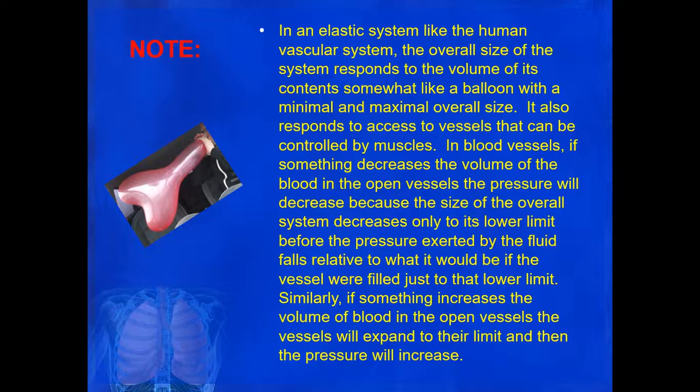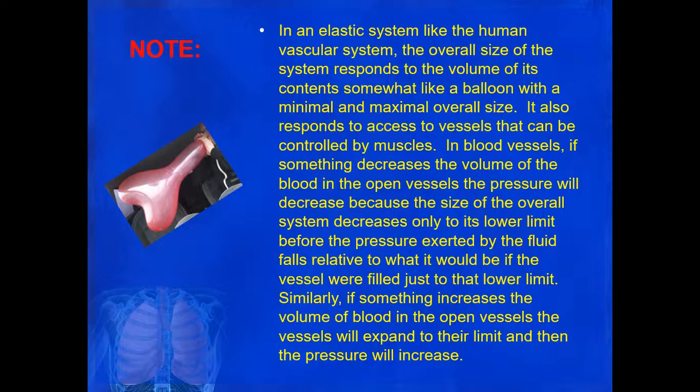Note that in an elastic system, like the human vascular system, the overall size of the system responds to the volume of its contents, somewhat like a balloon with a minimum and maximum overall size. It also responds to actions on the vessels, which can be controlled by muscles in the blood vessels.